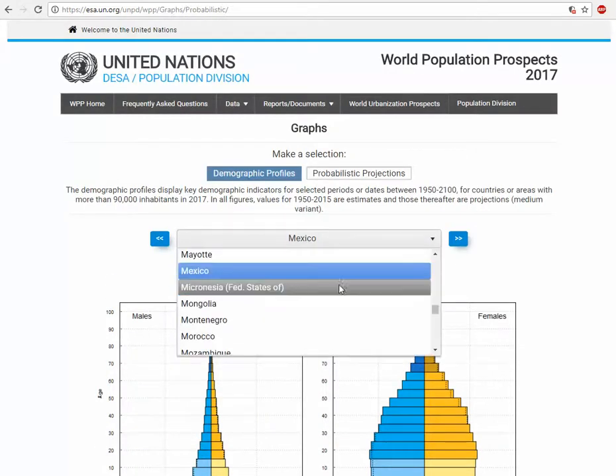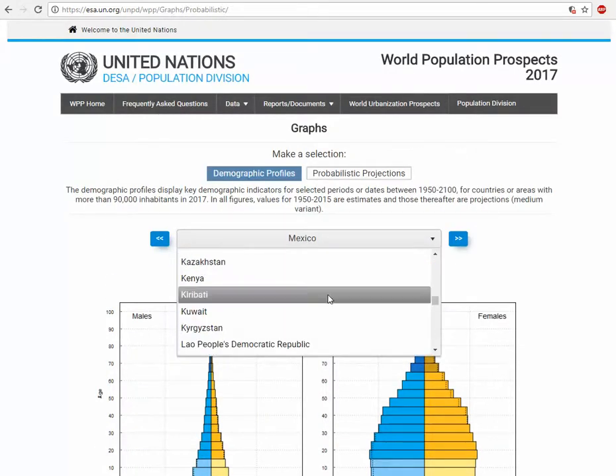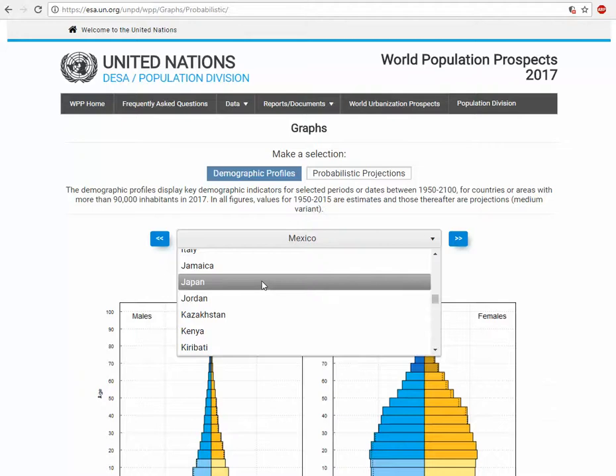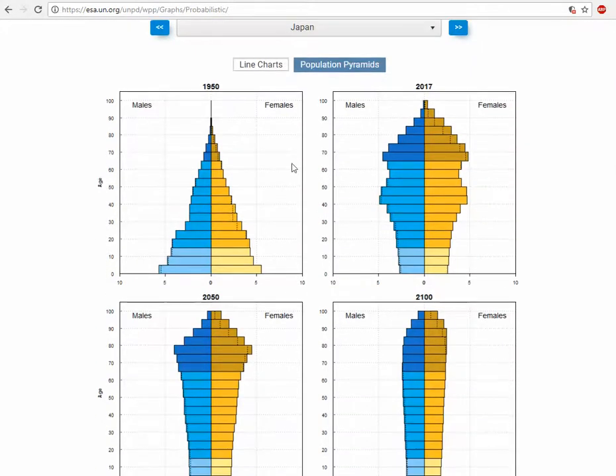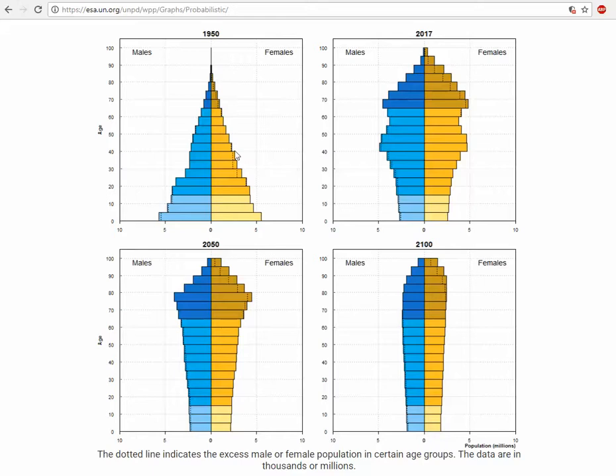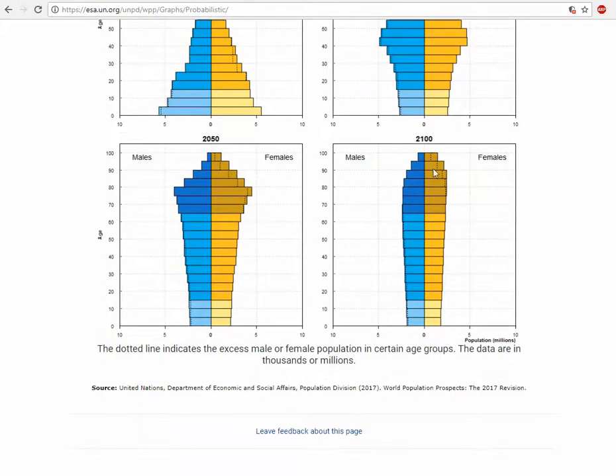Finally, I'm going to conclude by looking at Japan. So here is Japan with the population pyramids, and again we see a typical pyramid, 1950. By 2100 it's again expected to be this inverted pyramid, and the people who are 20 to 50 are a very small overall proportion of the total population.